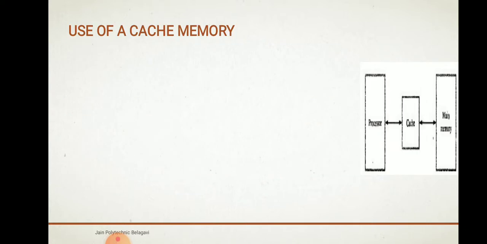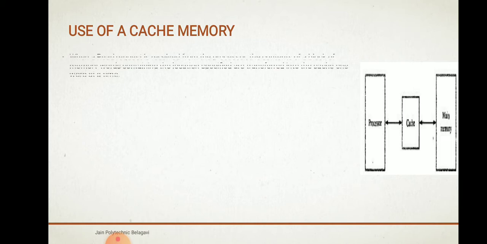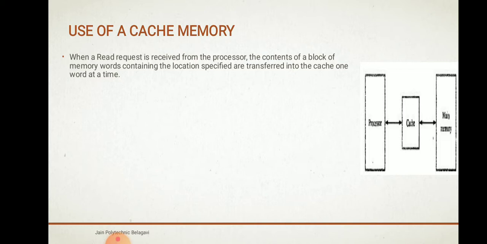Now as you can see in the diagram, there is a cache memory in between the processor and the main memory to communicate between the processor and main memory. Now suppose the processor receives a read request. The processor sends a read request to the main memory, that is, the processor wants to read some data from the memory for processing the instructions.